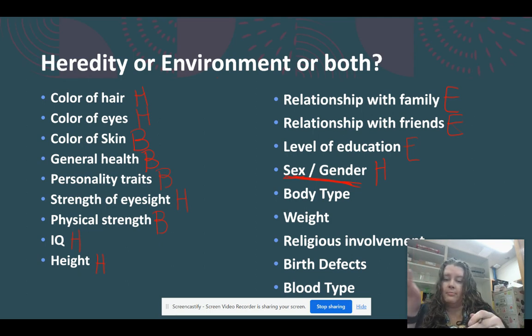The kid is male or female at birth, and so that's heredity. Body type, both. Weight, both. Religious involvement, environment. Birth defects can be both. We'll talk about that. And blood type is heredity. Okay. So hopefully you got some of those right.